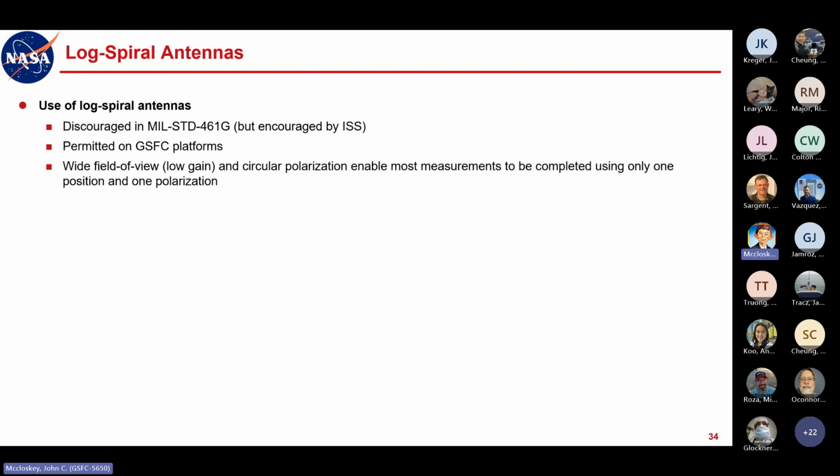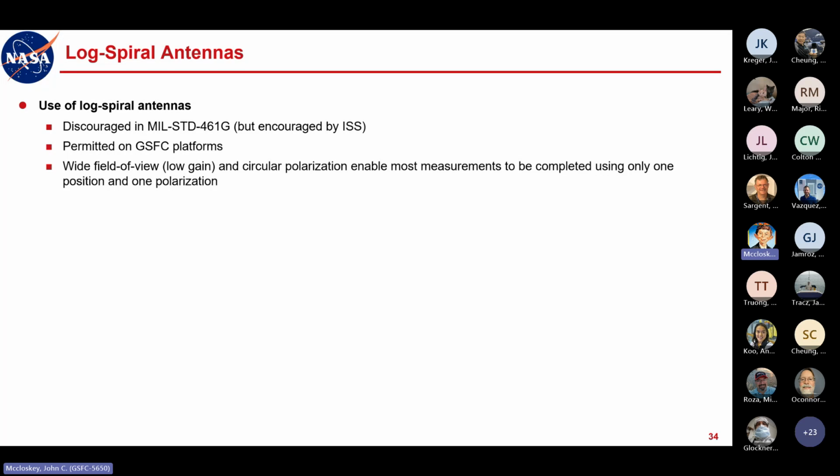It's just another option. But the wide field of view, or low gain, equivalent to saying low gain, and circular polarization enable most measurements to be completed using only one position and one polarization. So you save on antenna positions, and you don't have to use horizontal and vertical polarization. You just get everything with one position.